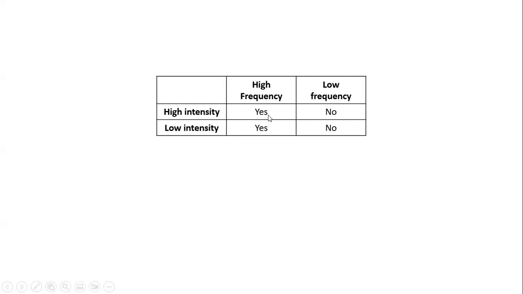You can have high frequency, high intensity, or high frequency, low intensity. In either case, whenever you have high frequency radiation, photoelectrons will be produced irrespective of the intensity of the light. When you have low frequency, that is low energy photons, there will be no photoelectrons emitted irrespective of the intensity, whether high or low.